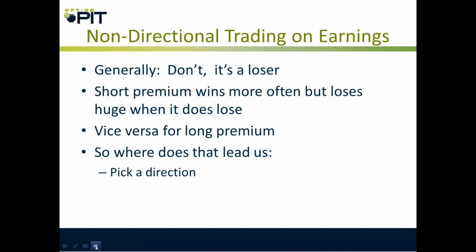So here's what I will say. If you do a lot of homework, and you figure out, hey, this earnings is way, way, way too cheap. The premium is too cheap. It is never this cheap.